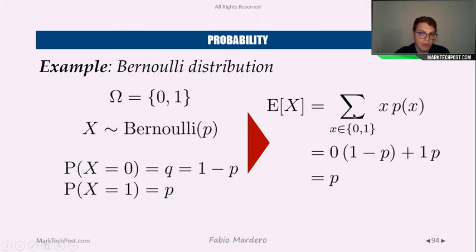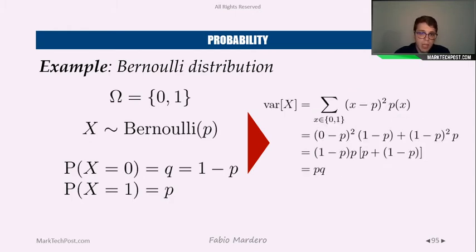Here we don't have a series but just two terms, in which x could take value 0 or value 1. If x takes value 0, we get 0 times the probability of getting 0, 1 minus p, that's the term. And what about x equal to 1? Well, this is 1, and the probability of x equal to 1 is equal to p. So the 1 minus p multiplies by 0, so it's equal to 0, and we get that the expected value is equal to p.